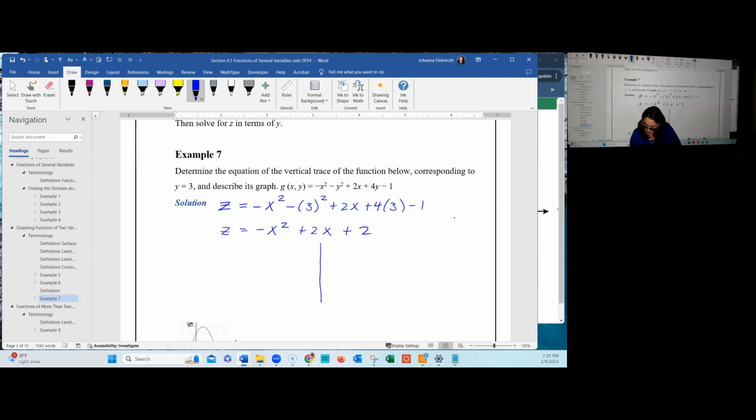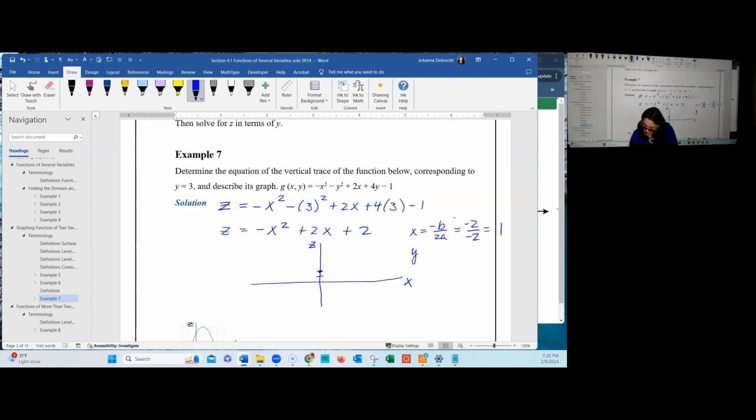Well, the same way you would plot any parabola in the XZ plane. So this is the x-axis, this is the z-axis. It crosses at 2, it opens down, and you can use x equals negative b over 2a to find the x coordinate of the vertex, which in this case would be negative 2 over negative 2, which would be 1.